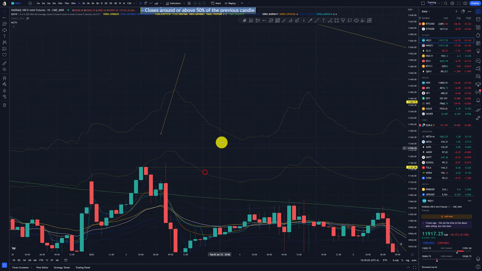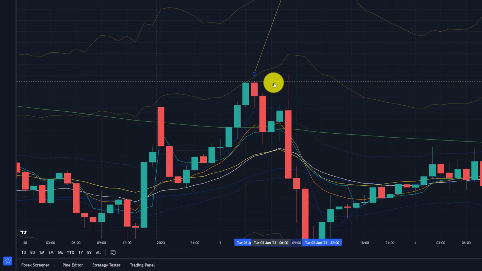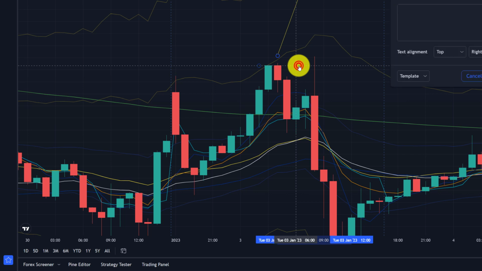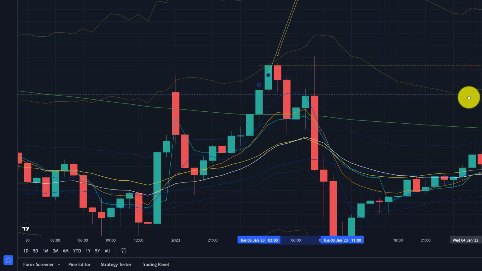The only two levels that matter after this close here are obviously the top level here, and then this level right here, the actual close of the previous candle.